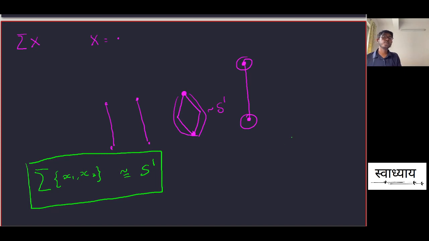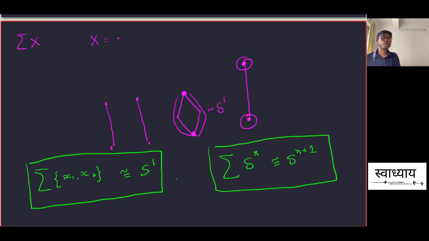And you should also prove that the suspension of S^n is like S^(n+1). So all of these I leave for the discussion sessions. At least you should be able to prove this on your own. That's not difficult.